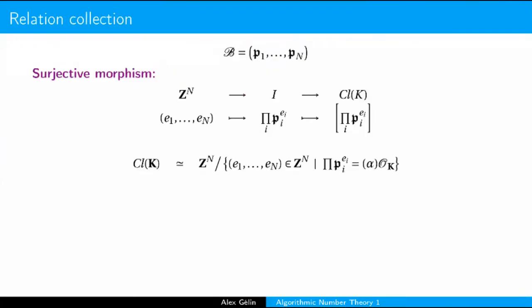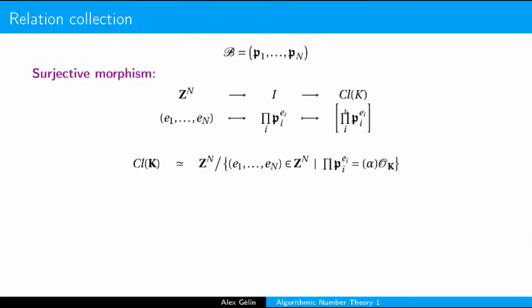Okay, so it's been almost 20 times I'm talking about relations, but you still don't know what it is. So we have the factor base composed of a finite number of prime ideals, and the factor base generates the class group. So I take this morphism from the vectors in Z^n, and I construct the power product. So this is an ideal, and then I take the class of this ideal in the class group. This is a morphism, and it's surjective because the factor base generates the class group.